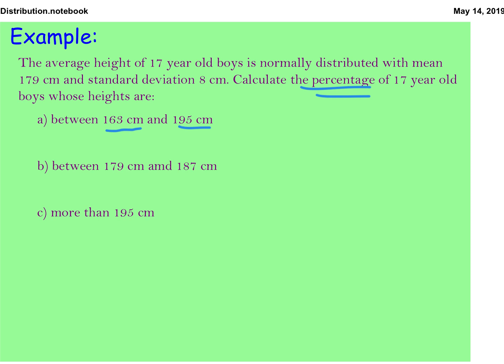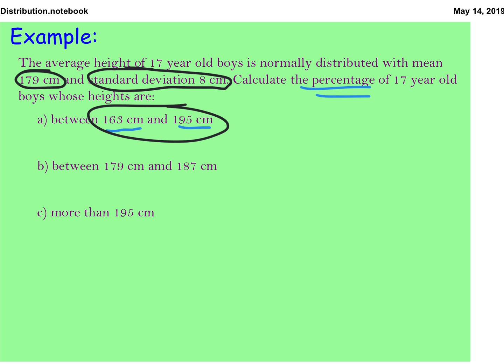All I got to tell you is what's the average height and the standard deviation. And the calculator can figure out what percent of kids are between these two heights. Try to do it without a calculator, because with the calculator, I'm going to show you that, and then everybody will be able to do it by the end of the hour. It's pretty easy. You just have to know how to put it in.